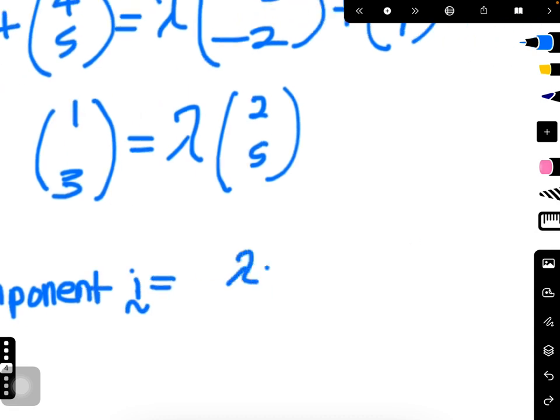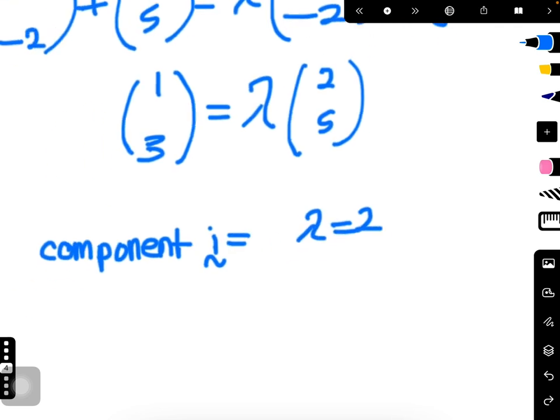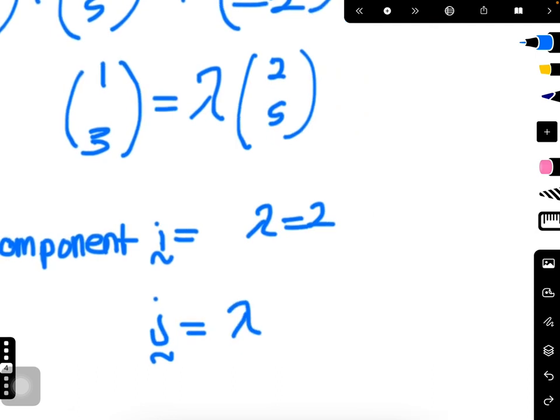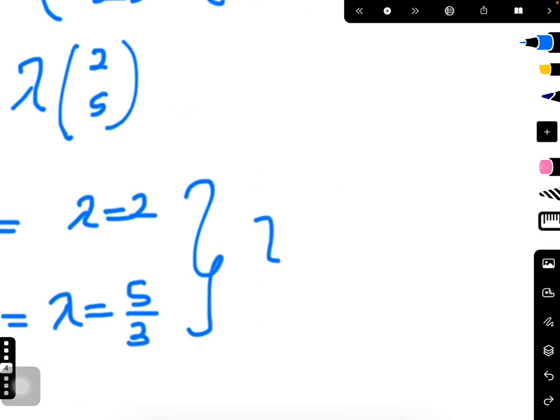The value of lambda is equal to 2. What about component j? For component j, lambda is equal to 5/3. So we see that the lambda isn't the same.